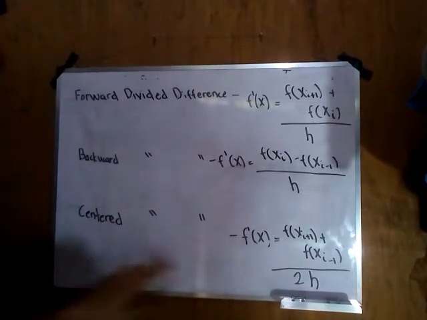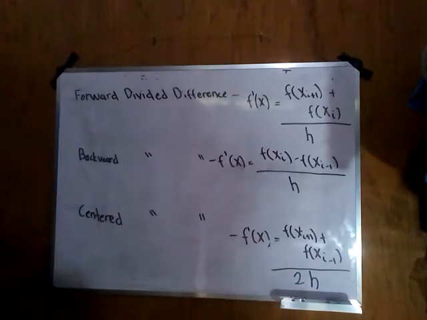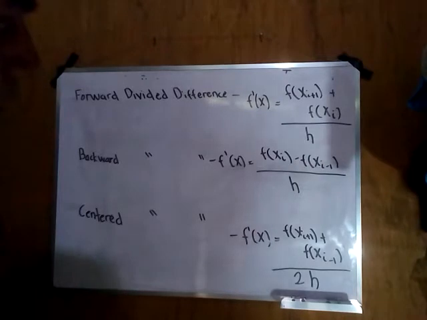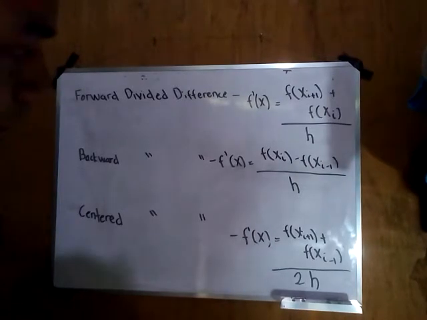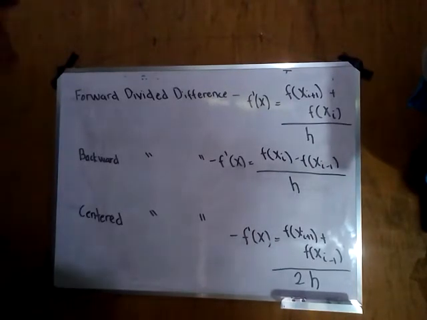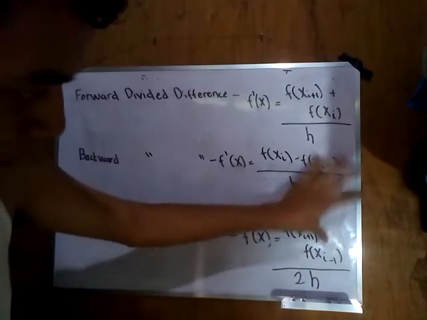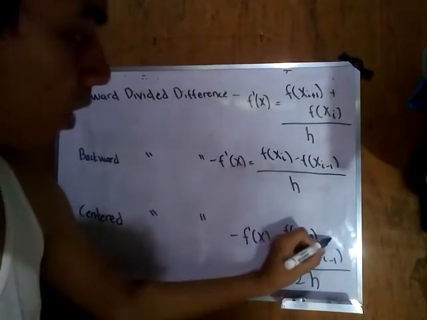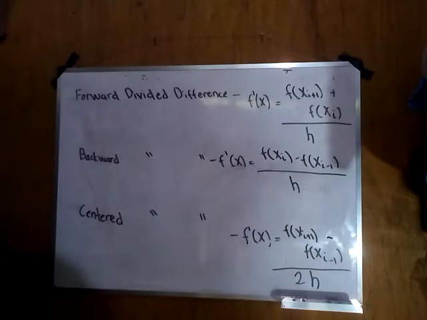And for CDD, we have a formula of f prime is equal to f of x sub i plus 1 minus f of x sub i minus 1, all over 2h.